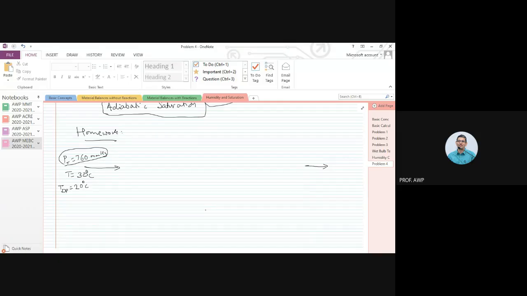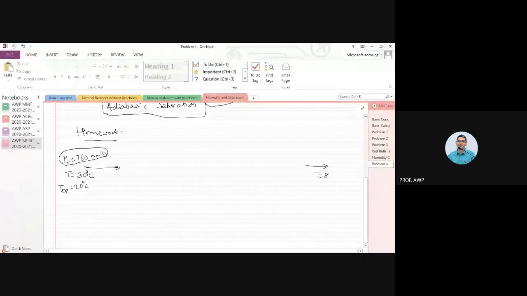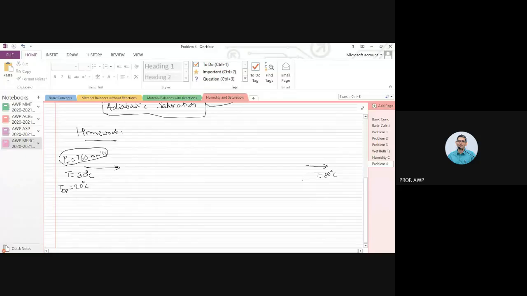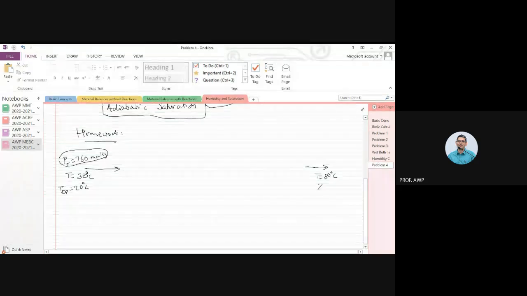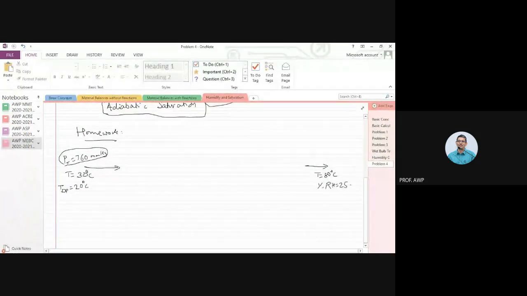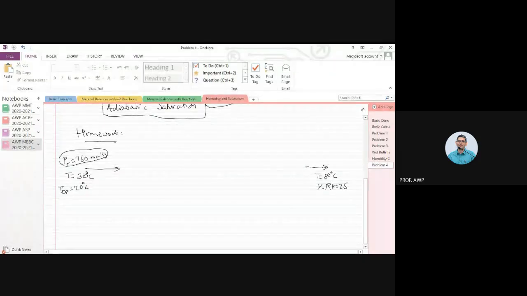And I would want the outgoing air temperature to be, let's say, 80 degrees centigrade. And let's say, I'll make life a little more difficult for you so that you know the limitations of the charts as well. Percent RH is 25. Okay, we want this air to go out.